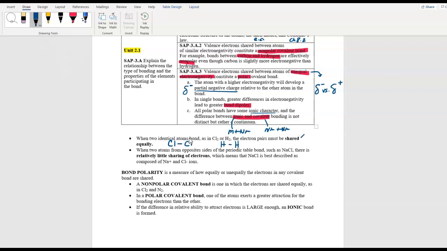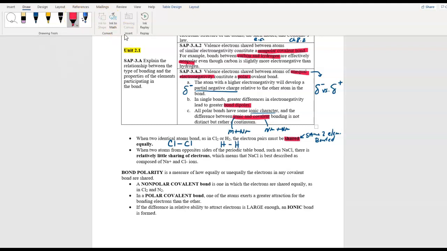It's equal because you have the same two elements bonded together. We take the electronegativity values for each one and subtract them. What's the same number minus the same number? Obviously 0. When that number is very close to 0, they're shared equally.